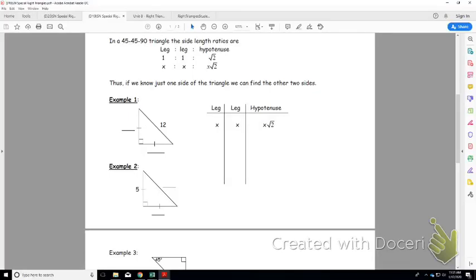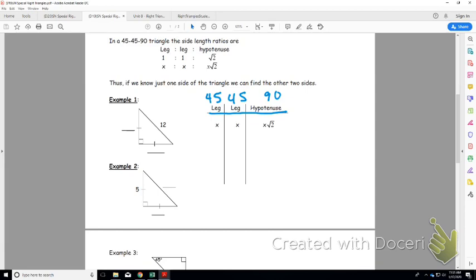So to do your 45, 45, 90, you're going to set this table up every single time. You can label it the leg, hypotenuse, or you can label it the 45, 45, 90. Okay? And then you will always do the ratios underneath them.